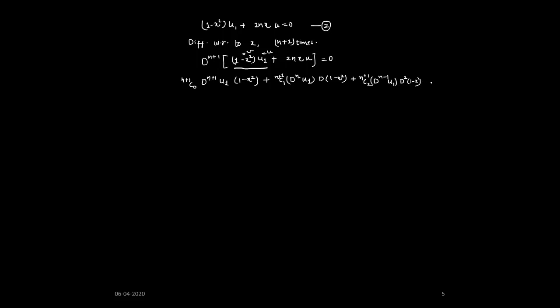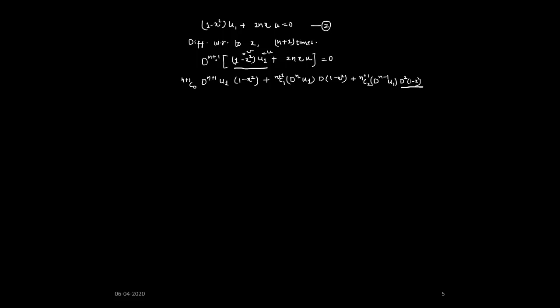Now what would be the next term? In the next term we will have d cube of 1 minus x square, so it would be 0, and the rest of the terms would be 0. So the n plus 1 times differentiation of the term 1 minus x square u1 is this only. Now we will differentiate the other term n plus 1 times with respect to x.